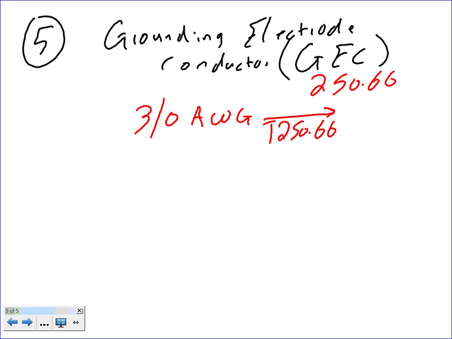How many? One. Spencer, as long as I'm harassing you, what insulation type? THW, THN, I don't care. Use what you want.